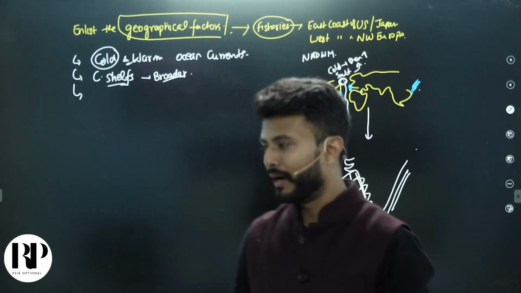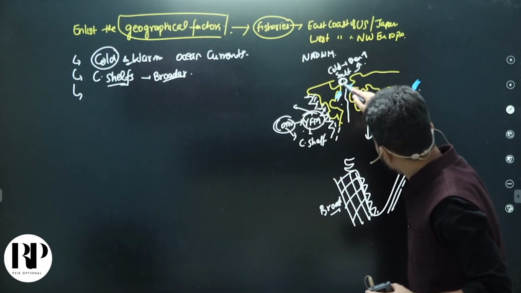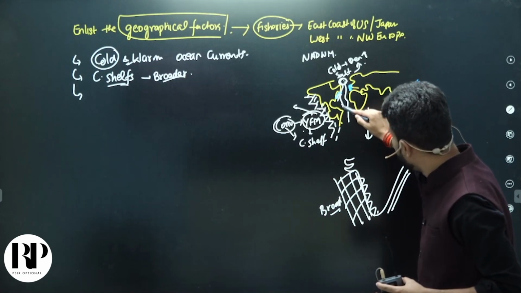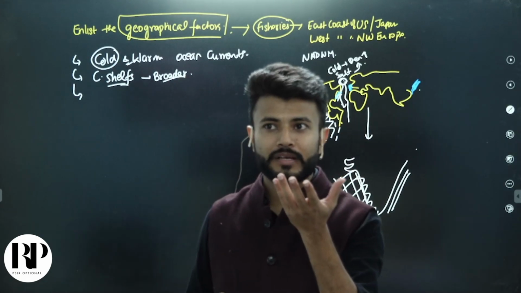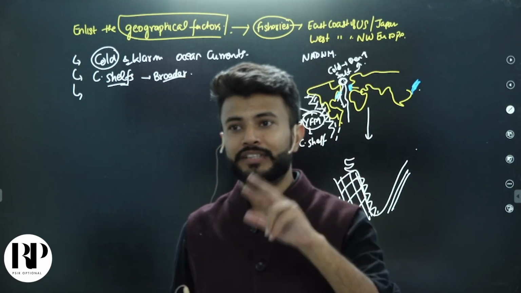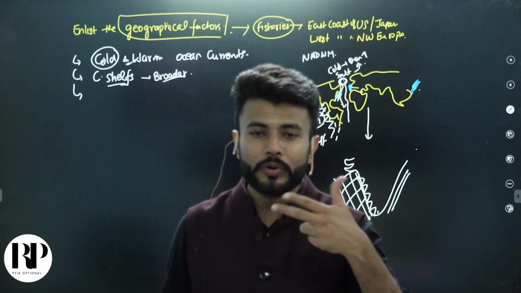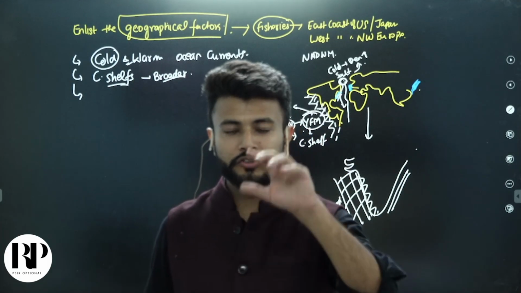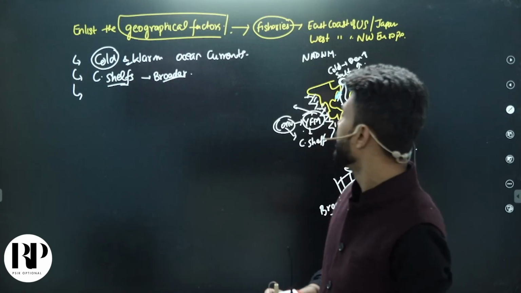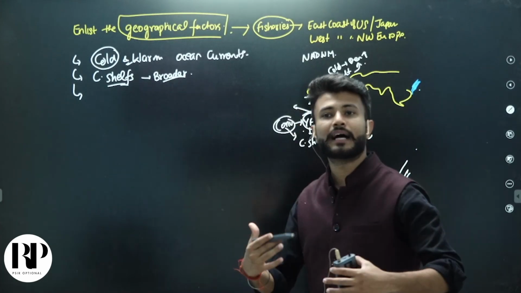Right. But when this starts moving from the north towards the equatorial area and tries to come up, there it loses its density. That is how only it can come up. It will become lighter. So in this case, you can say that the cold ocean current is also having higher salinity.